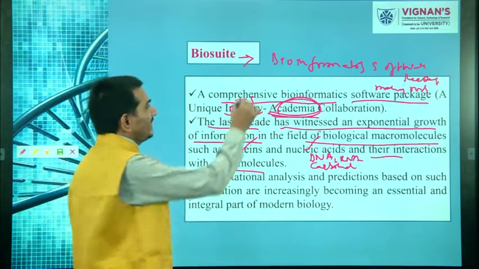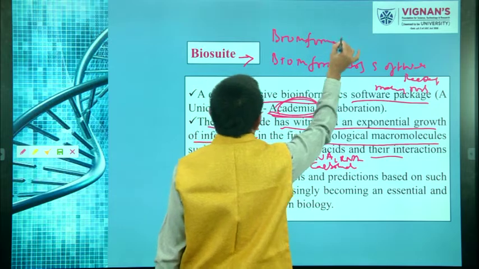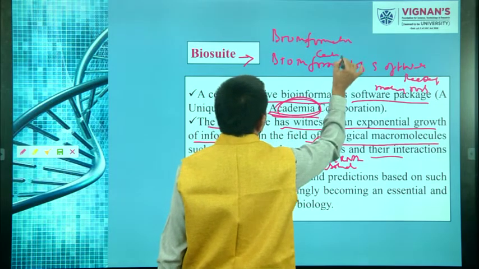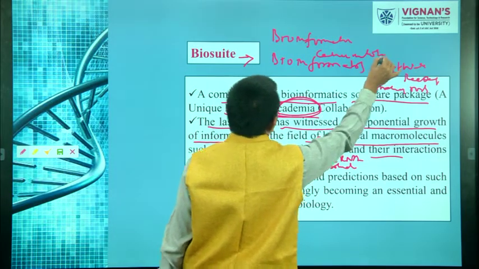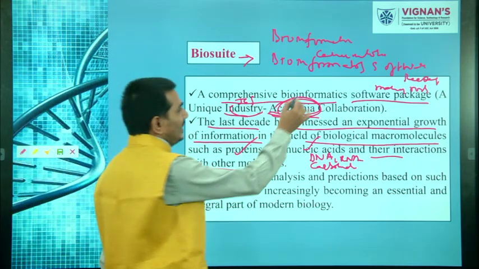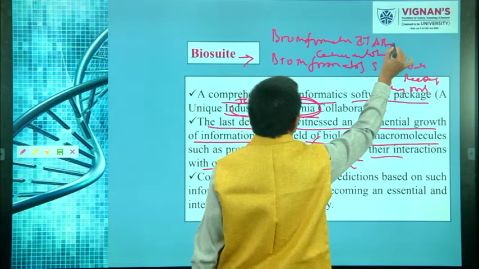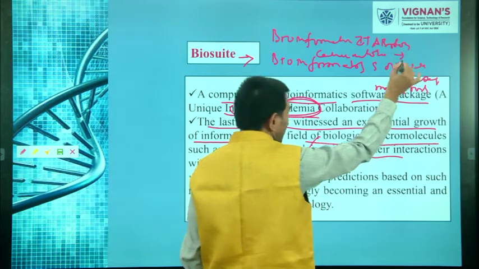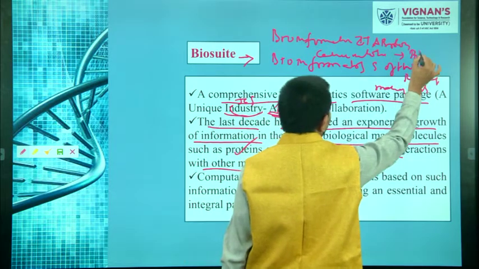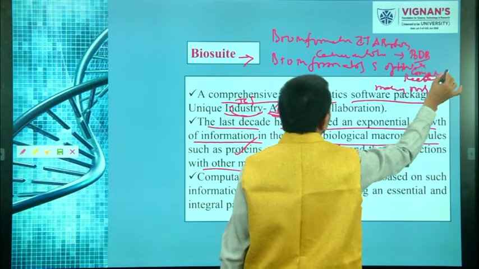Let me define what bioinformatics is, and why bioinformatics came into existence. Bioinformatics is defined as the application of IT, that is information technology, towards biology for the creation of biological databases and development of computational tools.